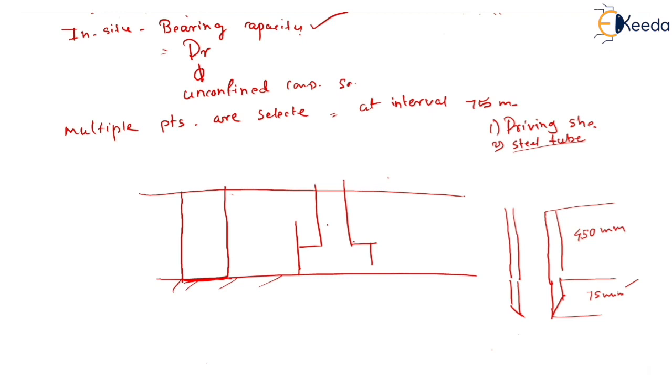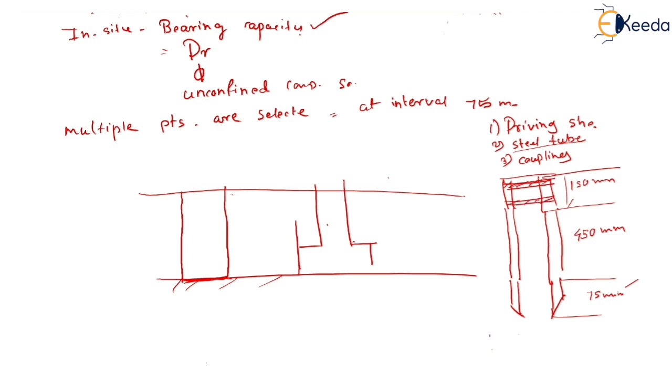And the third part of this sampler is coupling. It is present at the top and the length of the coupling is about 150 mm. So this coupling holds the two halves of this sampler together.